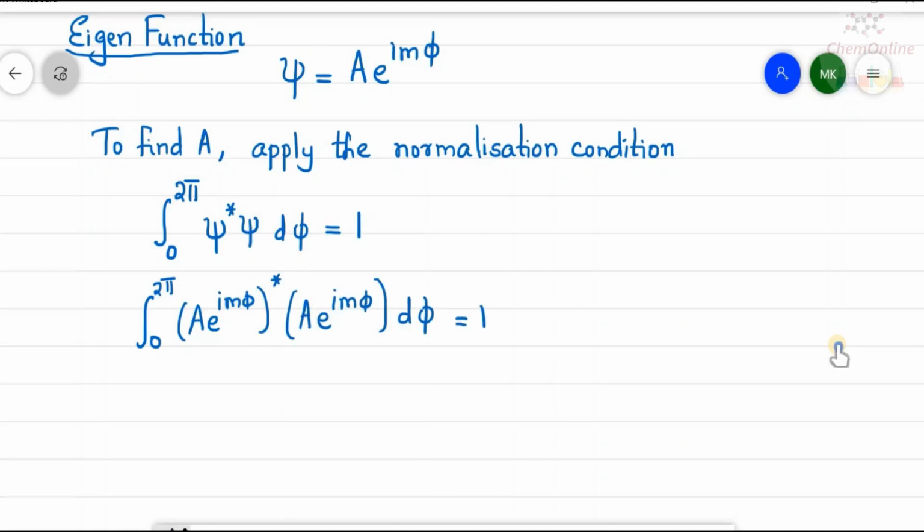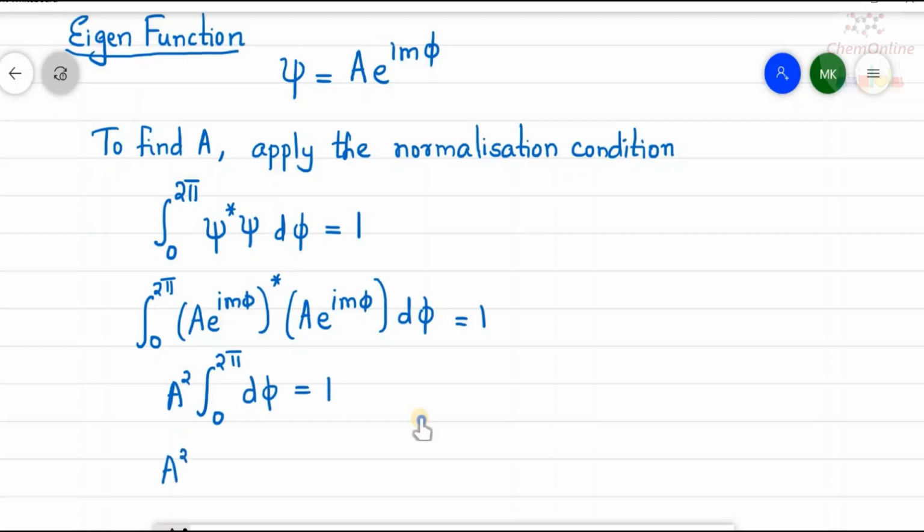a is a constant, so a square can be taken out of the integral. Then inside we will be having e raised to minus im phi, because the conjugate of e raised to im phi will be e raised to minus im phi. So e raised to minus im phi into e raised to im phi will be equal to 1. So from this we get a square integral 0 to 2 pi d phi equals 1.